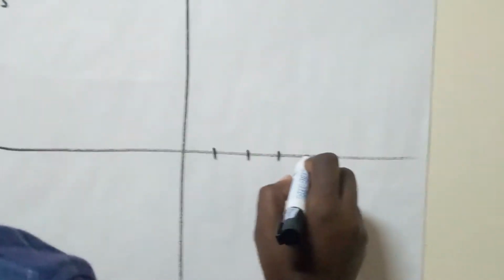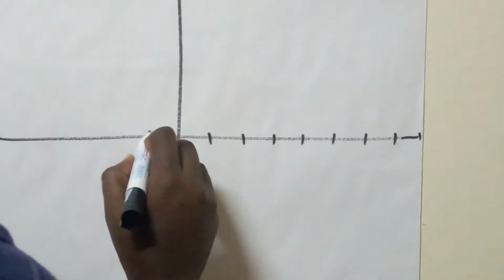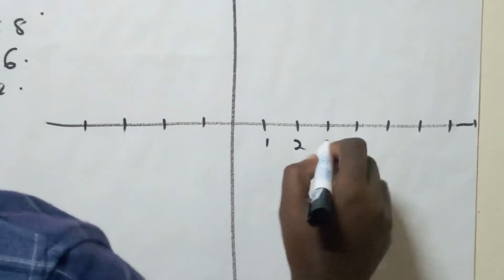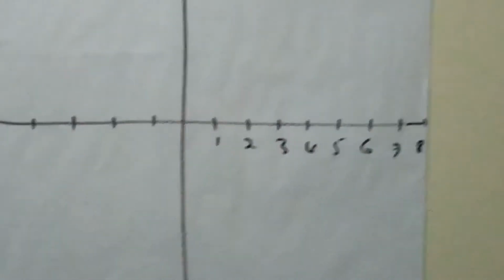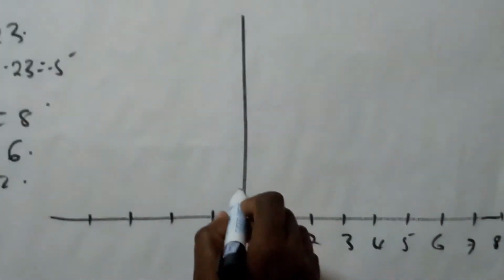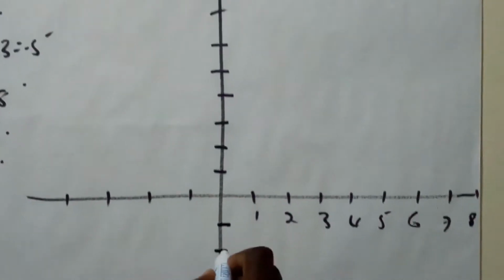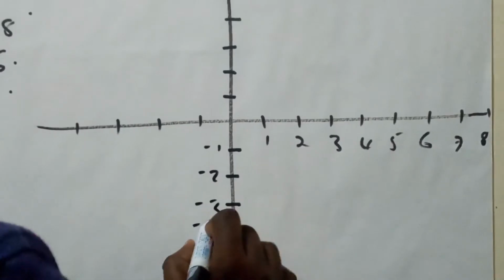That way we are having 1, 2, 3, 4, 5, 6, 7, 8, minus 1, minus 2, minus 3, minus 4 on one axis, and 1, 2, 3, 4, 5, 6, 7 and even 8 on the other.